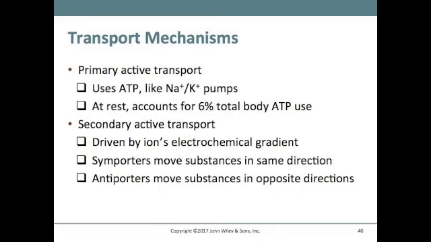Then, in secondary active transport, the energy stored in an ion's electrochemical gradient, rather than the hydrolysis of ATP, drives another substance across the membrane. Secondary active transport couples the movement of an ion down its electrochemical gradient to the uphill movement of a second substance against its electrochemical gradient. Symporters move the substances in the same direction, and antiporters move the substances in the opposite direction.